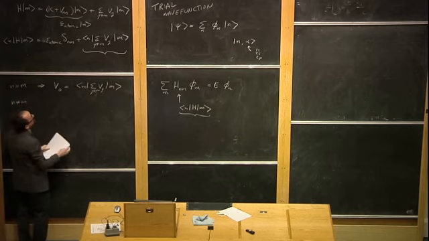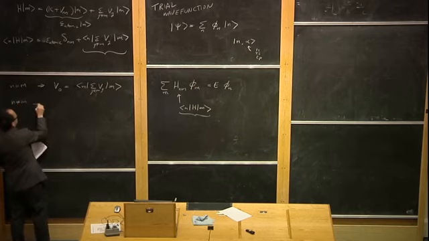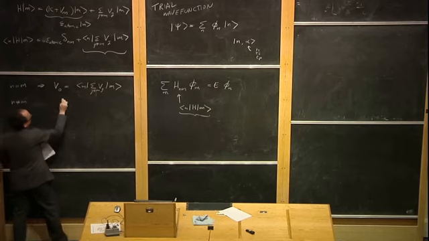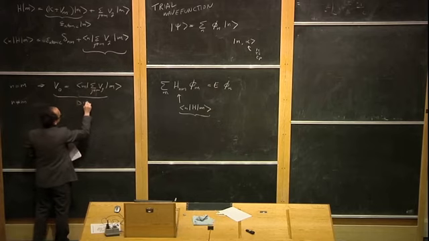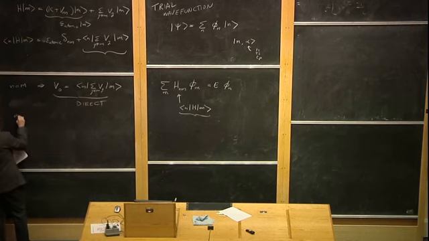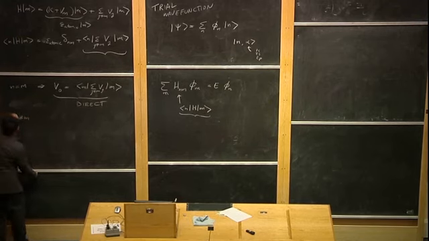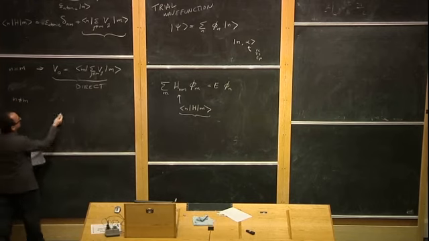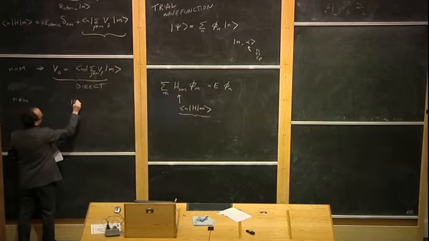So in this case, maybe I should call this term something first. This is what we called direct before, and I guess I called it v cross when we talked about the covalent bond. For the n not equal to m term, this is what we called hopping before.